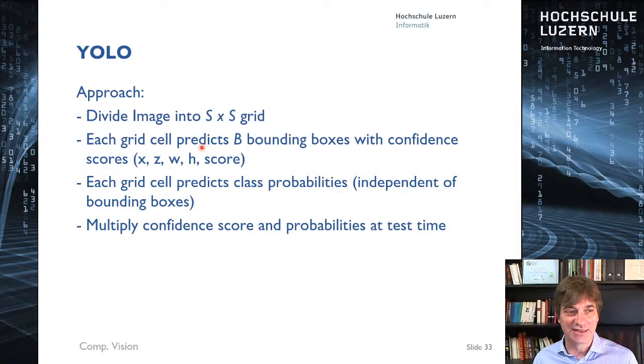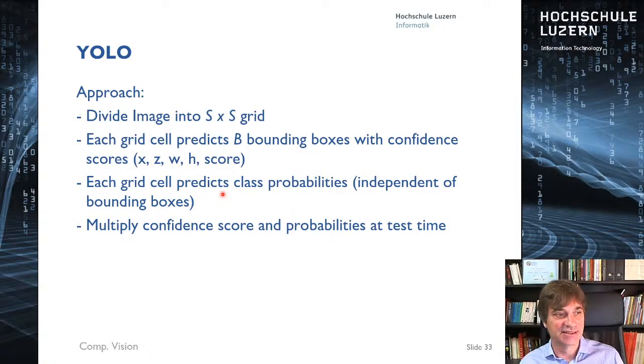What is the idea behind that? You cannot have arbitrarily many objects. If you have a sufficiently small grid cell, then maybe there are 1 or 2 objects in that grid cell, but there cannot be 100 different objects in that grid cell, and so that's why you only use a specified number of bounding boxes to propose the objects that are centered on this grid cell. The bounding boxes themselves can also be larger than the grid cell.